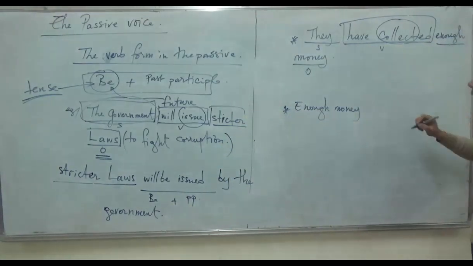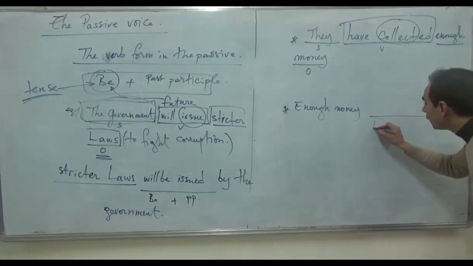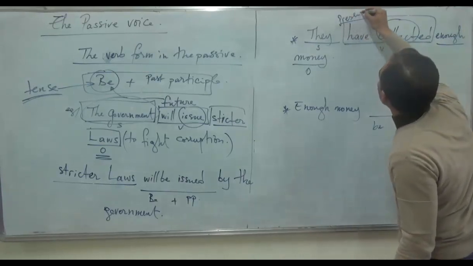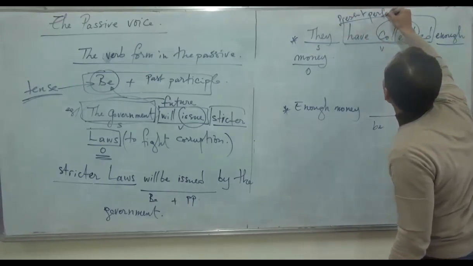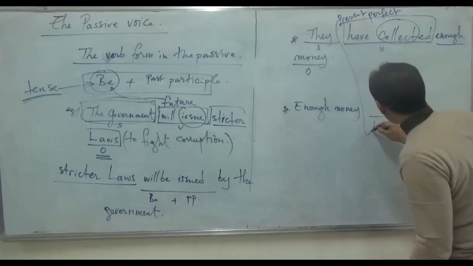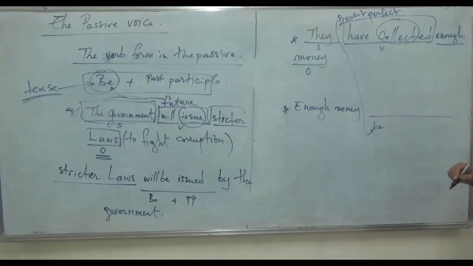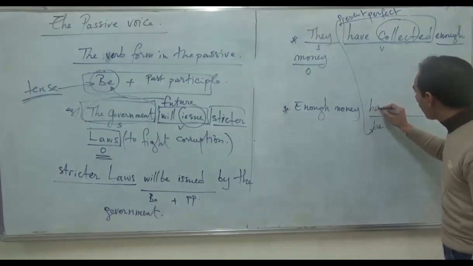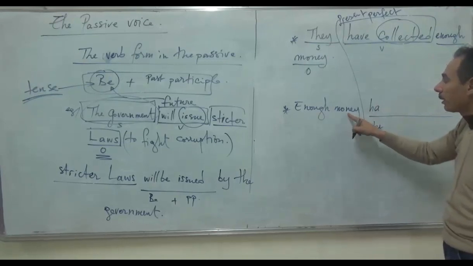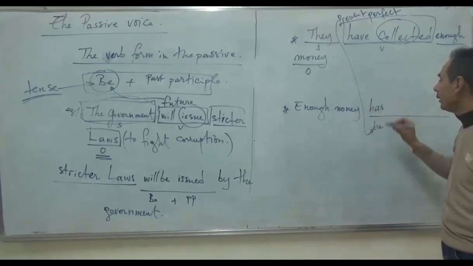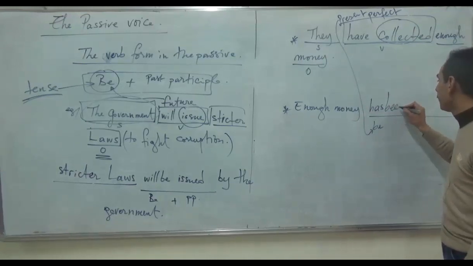Have plus past participle with to be and present perfect. I give the present perfect of to be. It has been.